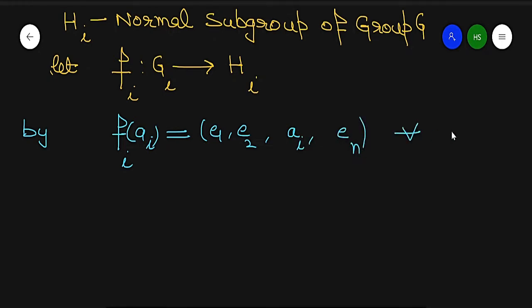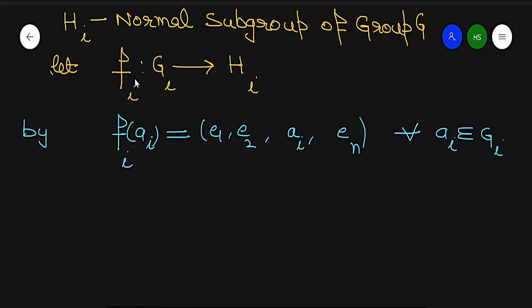This is for every ai belongs to Gi. Now with this mapping, my aim is to prove that this Gi is isomorphic to Hi.